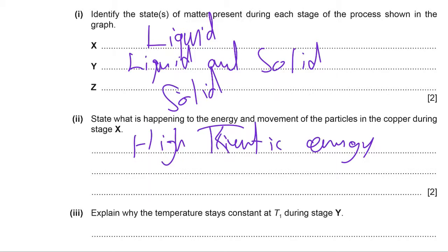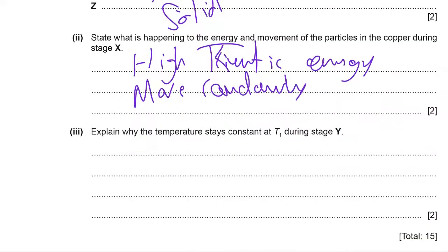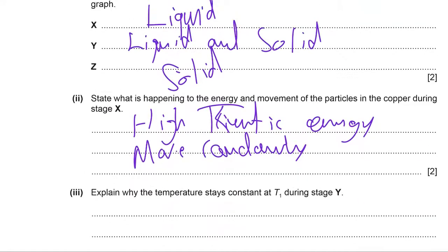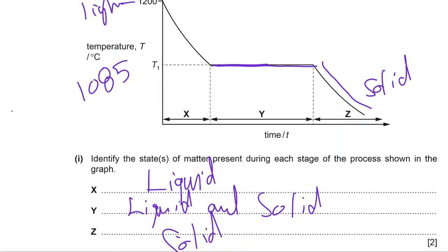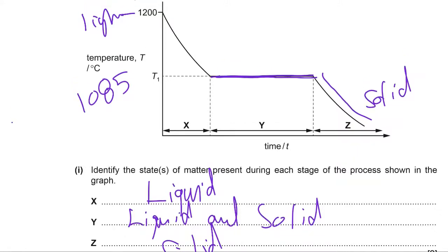So if you have high kinetic energy, the particles move randomly. Okay, explain why the temperature stays constant at T1 during stage Y. That means why it's constant here.